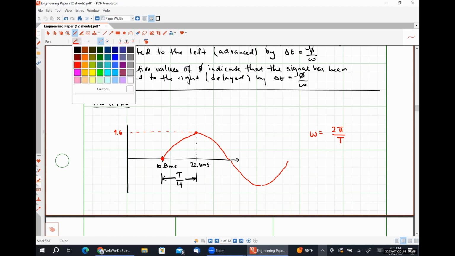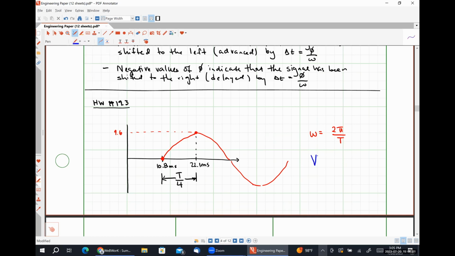Well, the magnitude of this guy is just 9.6, because we were told what the peak value was, and the magnitude of a sinusoid is literally just its peak value. So the only thing that we have left to figure out is our phase angle, right?